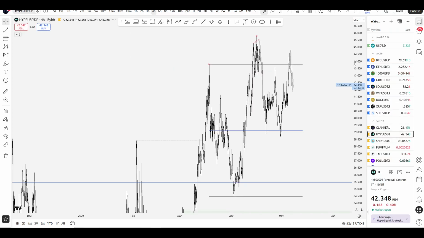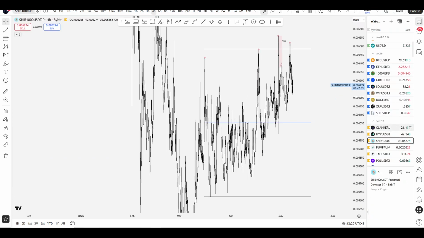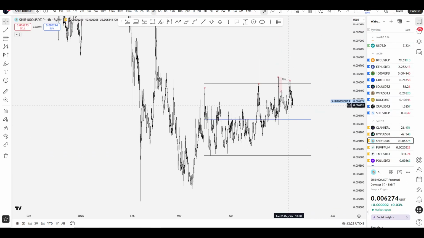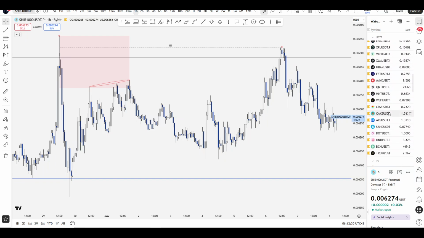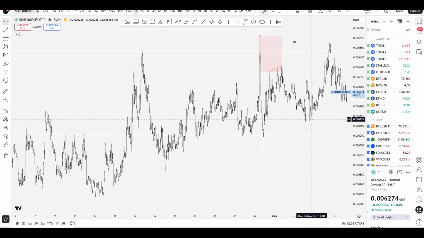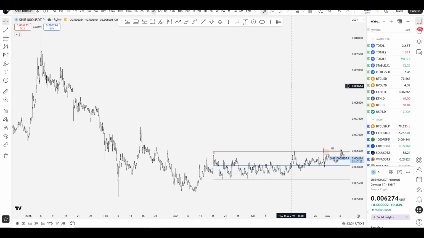Yeah. Well, SHIB would be nice if we take out the highs once more, but we have to see. Yeah, I have many pairs that I monitor in these environments.